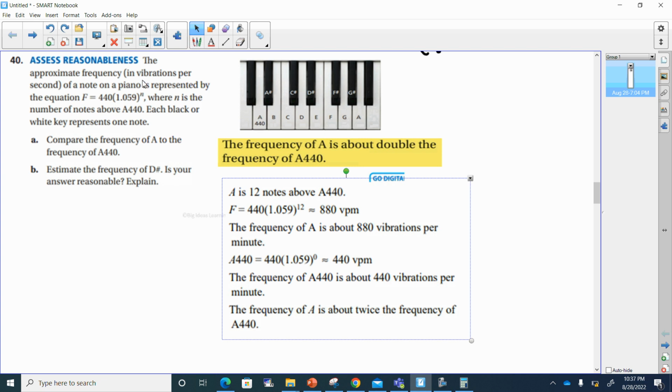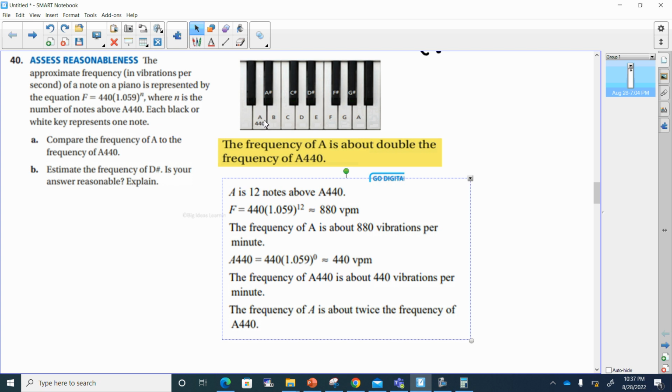Let's see, alternate frequency, note on piano is represented by F. All right, so F is equal to 440 to the power of n, which is going to equal about 880. We know this because this is a 12 here, right? Remember, A is 12 notes above A 440, right?